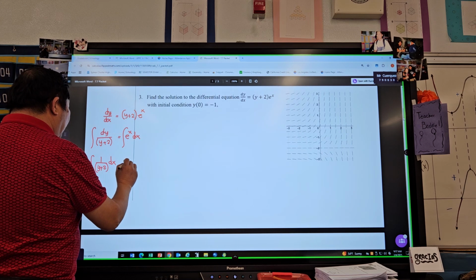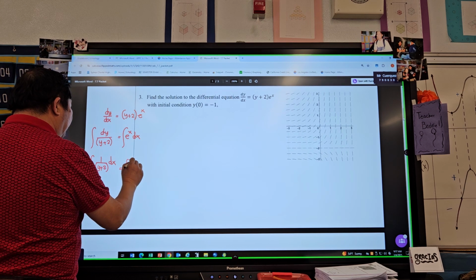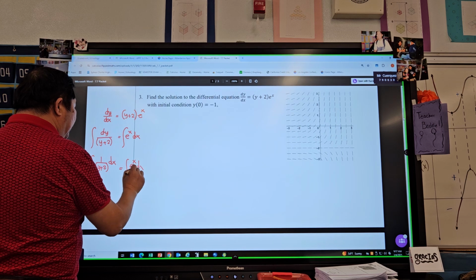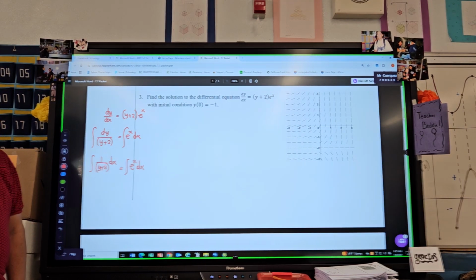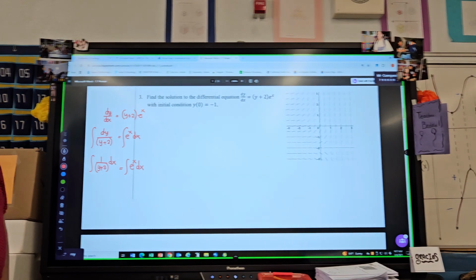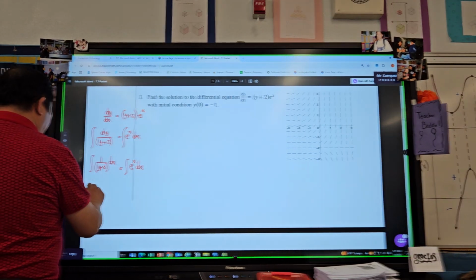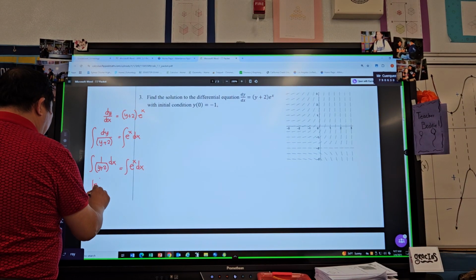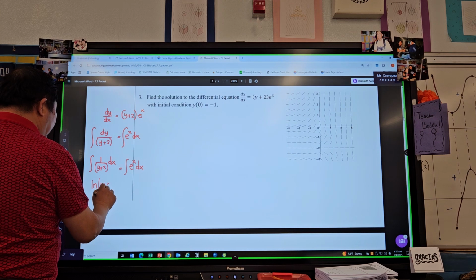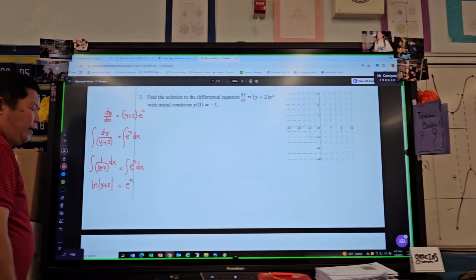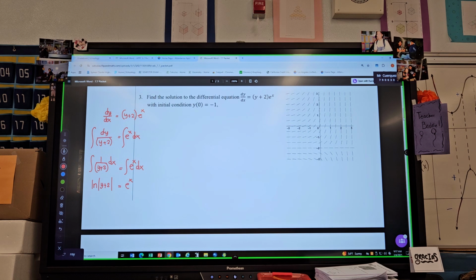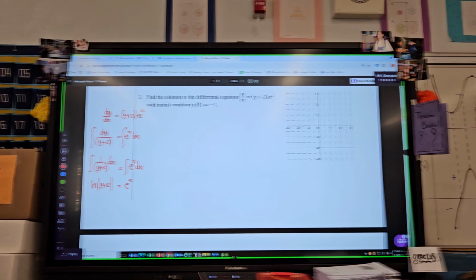And then this is equal to the integral of e to the power of x dx. So take the antiderivative. This is now ln of y plus 2, and e to the power of x doesn't change, right? So we have ln and then e to the power of x. So what to do?